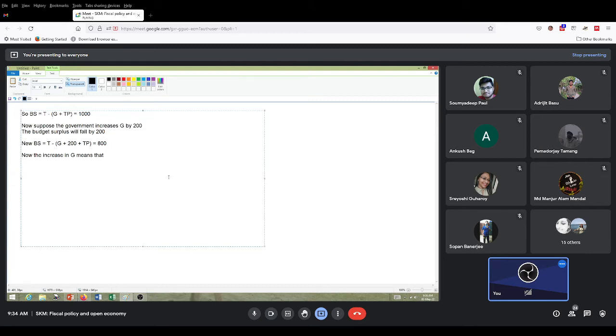So the increase in G means that Y will also increase via the multiplier effect, right?